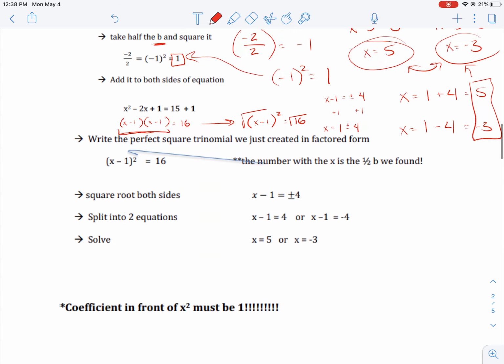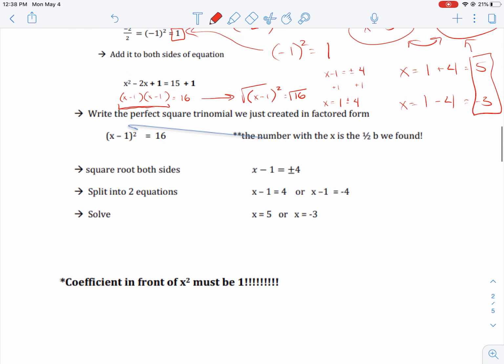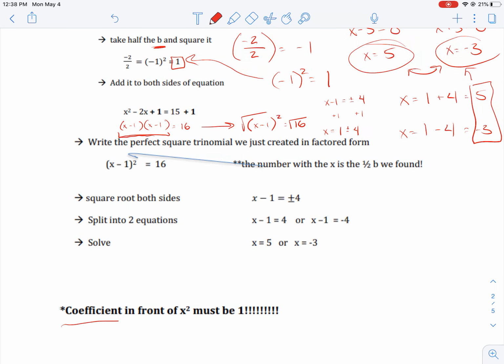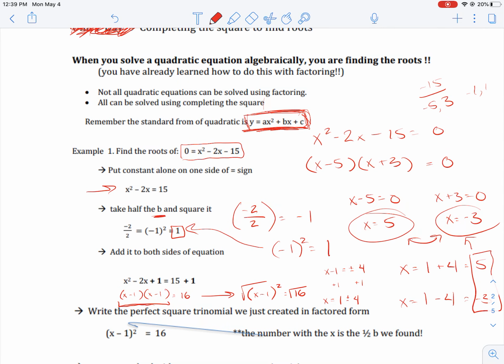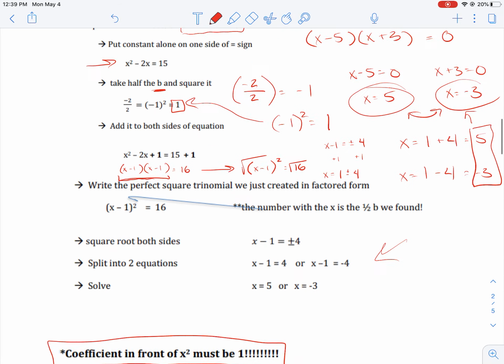Also, a big thing is coefficients must be 1. So in this case, we already started with that x squared. But when we're talking about the coefficient, we're talking about that number that falls in front of that x squared.